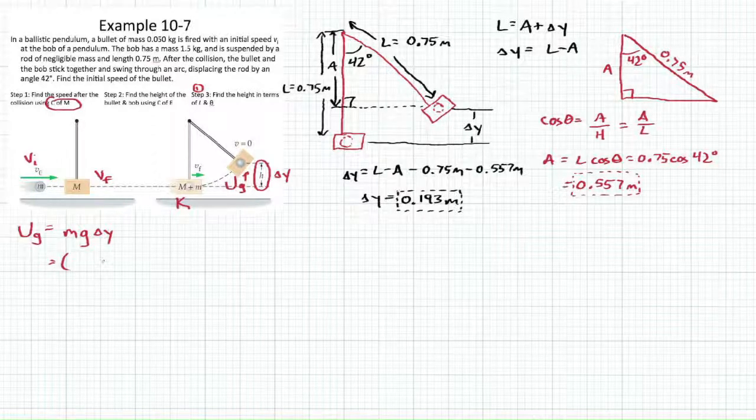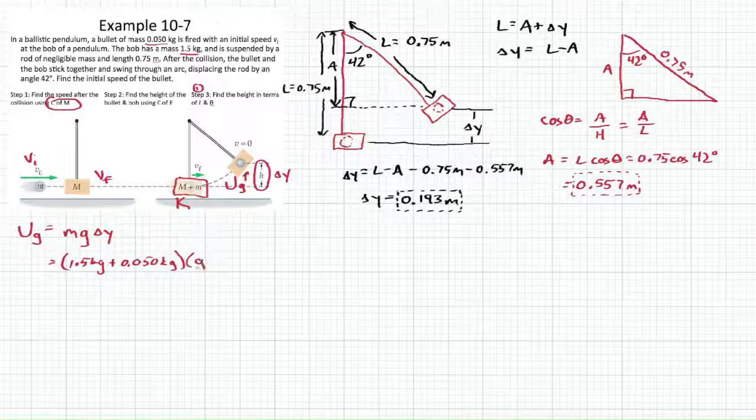Okay, this is going to be m right here. Now, what is the mass of the whole system? Well, that is the mass of the bob, capital M, plus the mass of the bullet itself, little m. So that's going to be 1.5 kilograms plus 0.05 kilograms. Okay, that's our mass in kilograms times gravity.